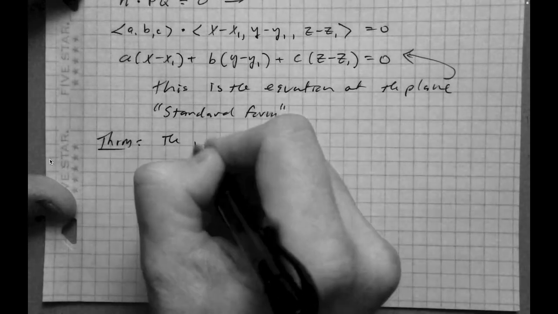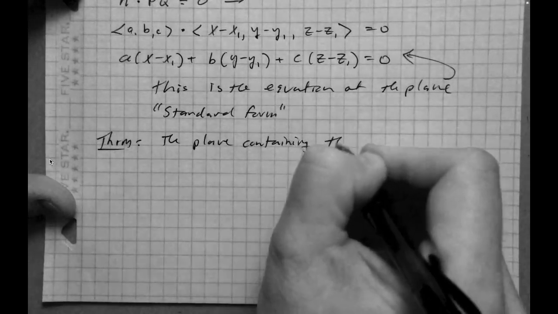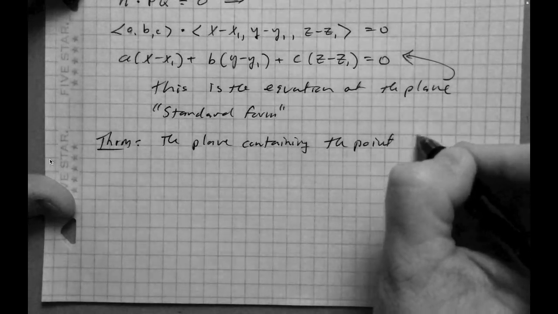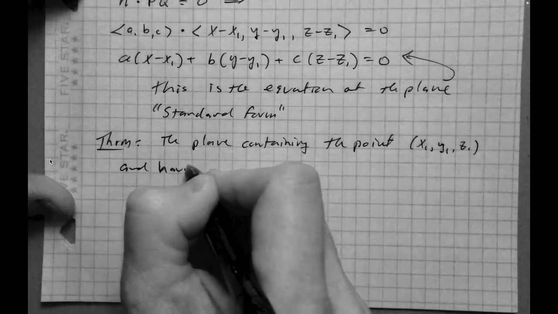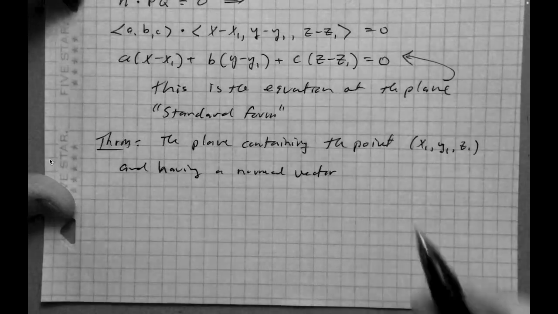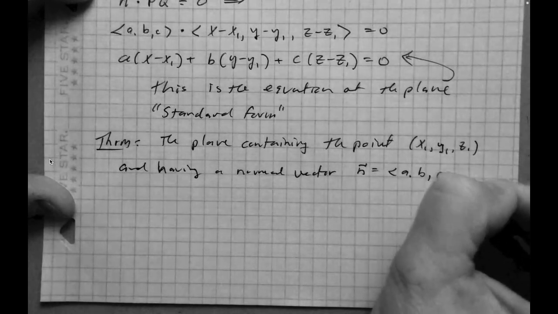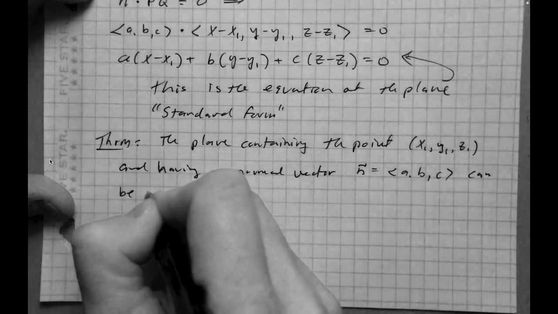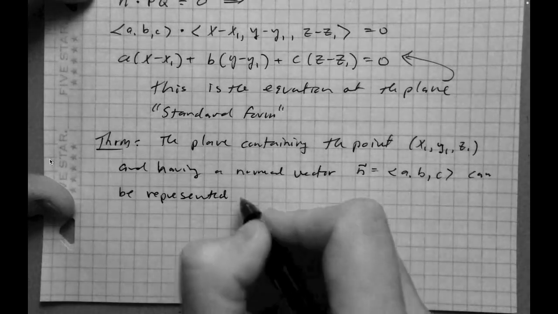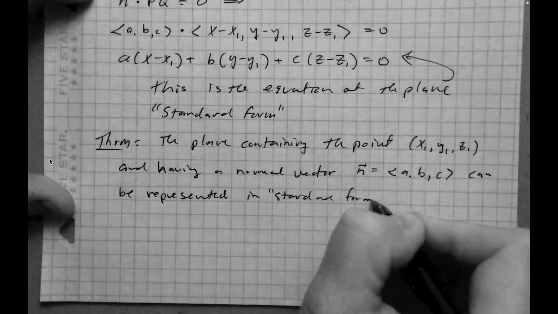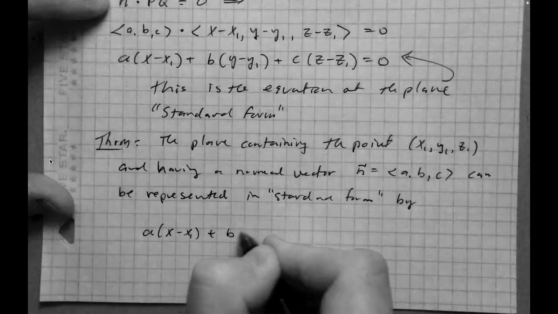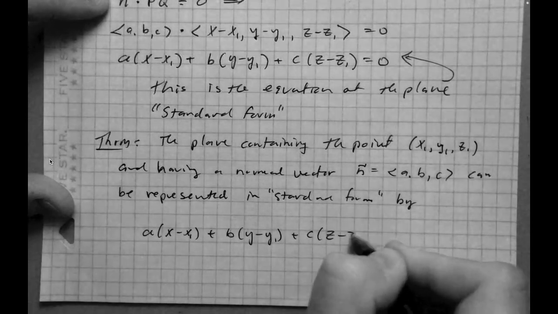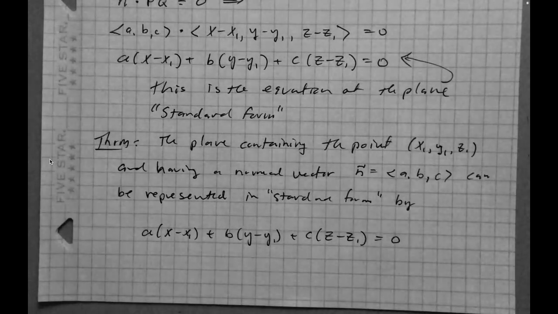So the plane containing the point x1, y1, z1, and having a normal vector n equals ABC, can be represented in standard form by basically this equation here: A times x minus x1 plus B times y minus y1 plus C times z minus z1 equals 0. Very good.